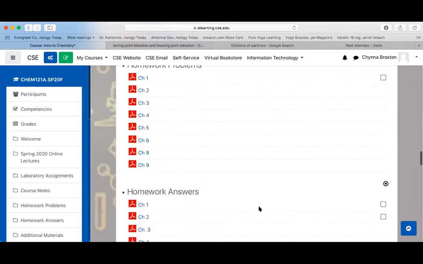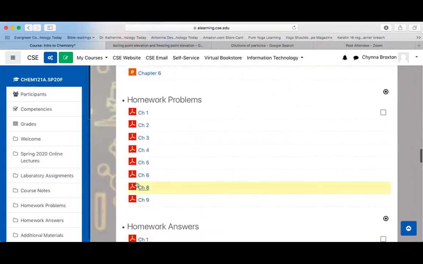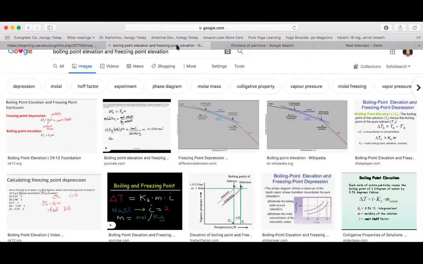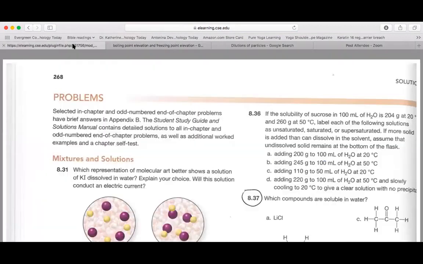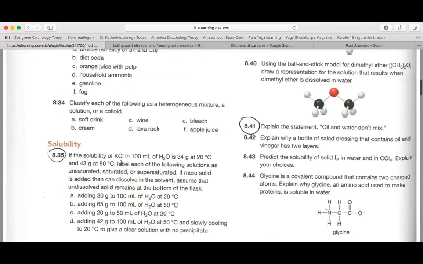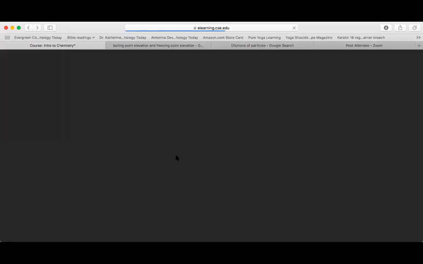And then for the homework problems, you'll do chapter 8 here, and you only have to be responsible for the questions that are circled here. So there are a few here that are circled, and you can complete those.